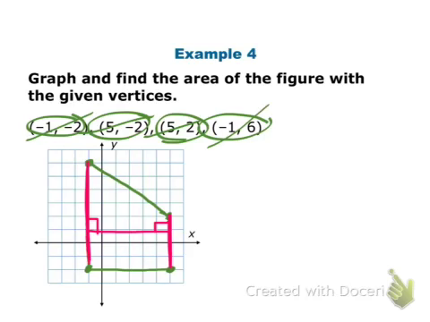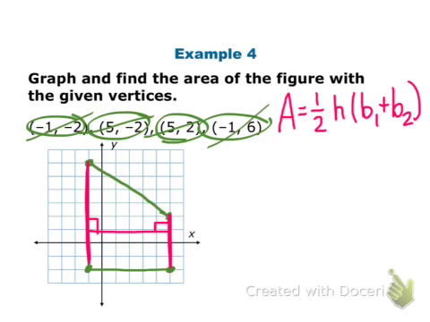I should probably review that the area for a trapezoid is equal to 1/2 of the height times base 1 plus base 2. So in order to find our base 1, we can use this one.